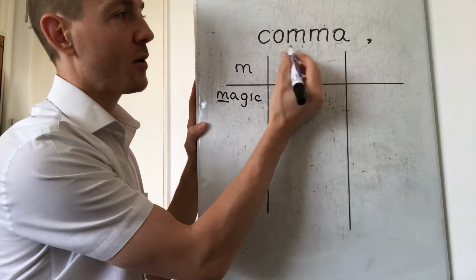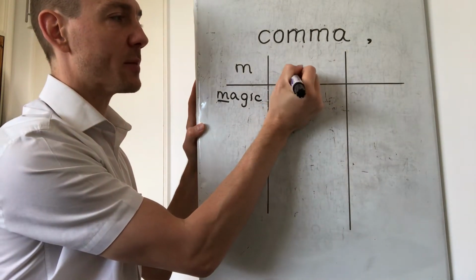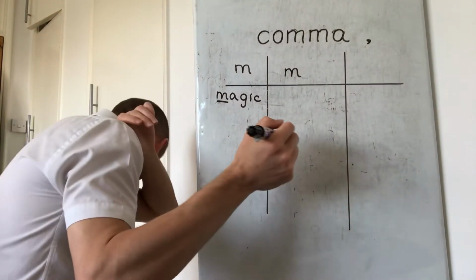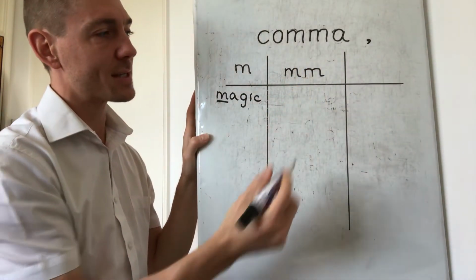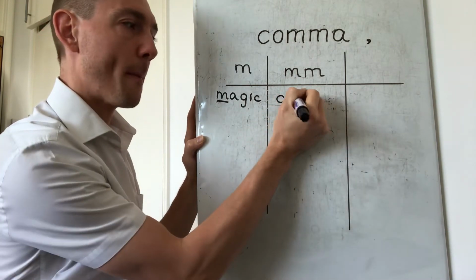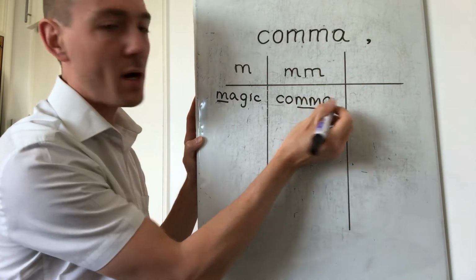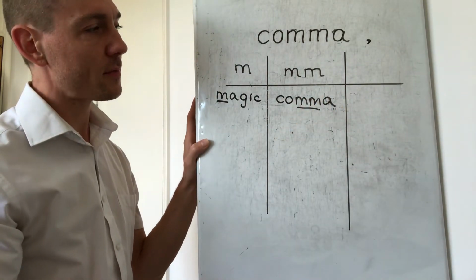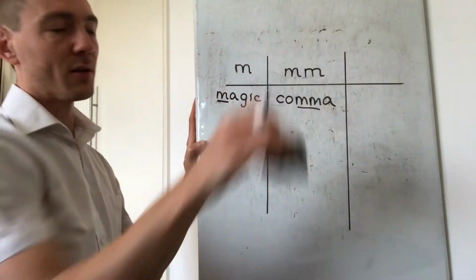This time, comma. We have the double M spelling of the sound. So we build it like that. We say comma. And we've got 2 different spellings. It's still just one sound. Okay?